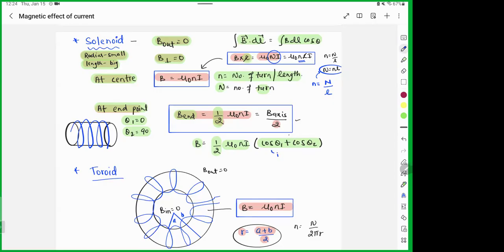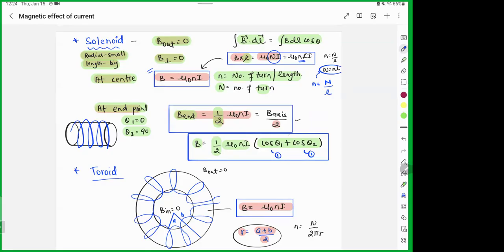Then at the center, this will be 1, this will be 1, and it will become like this. But at the end, one angle will be cos 90, which is 0, and another will be 0. So one theta is 0, another theta is 90. That's why here it is 1 by 2. So this is the real formula of the magnetic field for the solenoid.